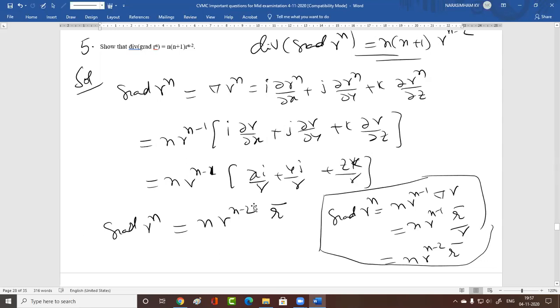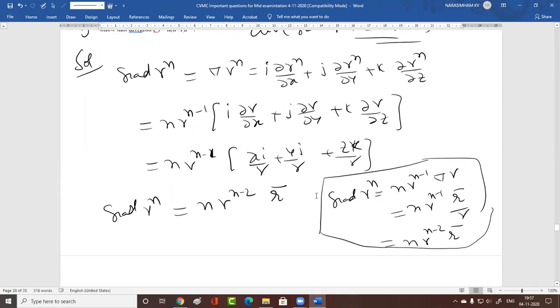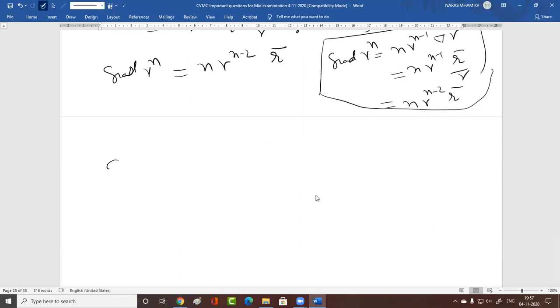Now we will find the divergence of this term. Divergence of gradient of r power n equals divergence of n into r power n minus 2 into r bar.